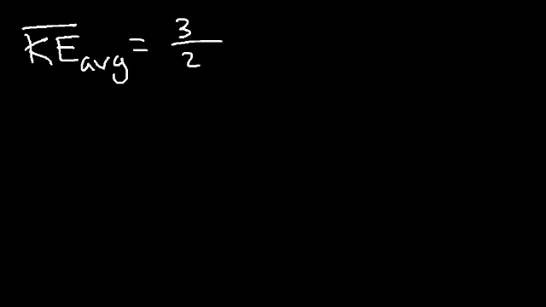Now, another equation that you need to know is the root mean square velocity of a gas. But let's derive the equation first. Now keep in mind, we said that the average kinetic energy of a gas is equal to 3 over 2 RT. So the individual kinetic energy of a gas particle might vary. Some gases might be moving fast, others might be moving slow, but if you have 1,000,000 gas molecules, they're going to average out to a certain number.